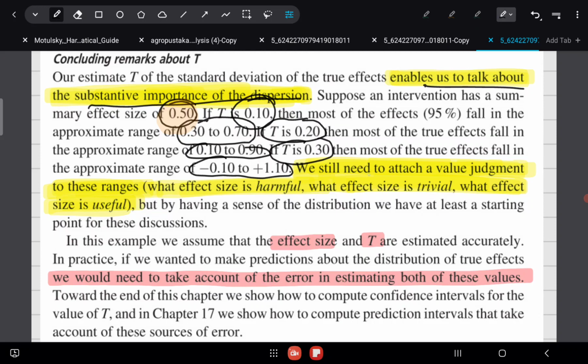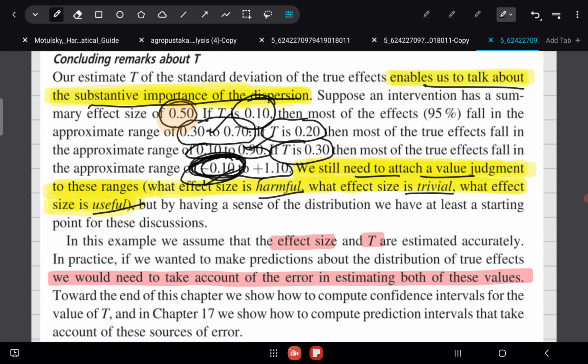Right? So we need to attach value judgment to these ranges. What range is harmful, what range is trivial, what range is useful. Maybe somebody will say this range is useful, this range is trivial because there is too much variance occurring in the true effect size, so it is not reliable. Maybe somebody will say this may even be worthless because the effect size is going negative also.